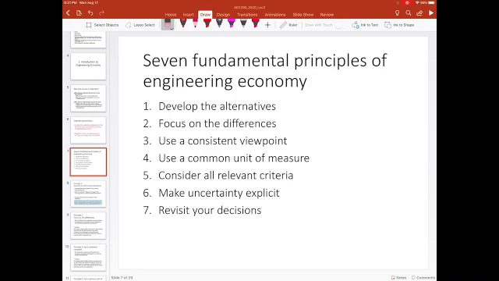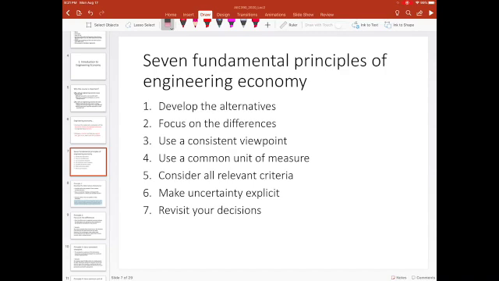And the fourth, use a common unit of measure. Common unit means you want to translate everything to US dollars as much as possible. But for something that is not measurable, it's hard to translate into a monetary unit.